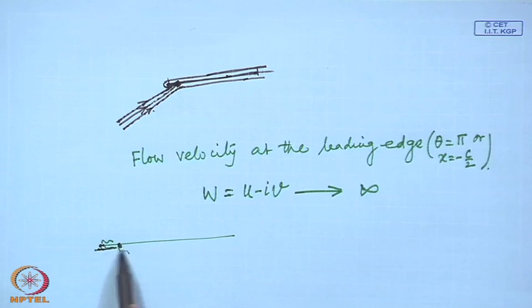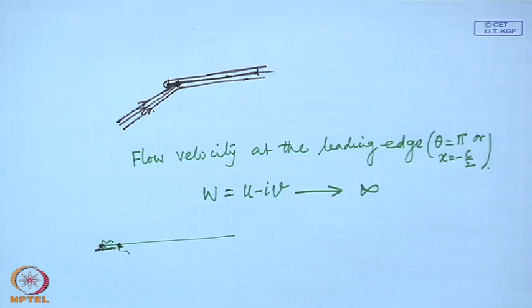So, there is a very quick or very high acceleration in the flow velocity over this small distance. This is of course not a very large distance. Over this distance, the flow has accelerated very rapidly to a very high value.